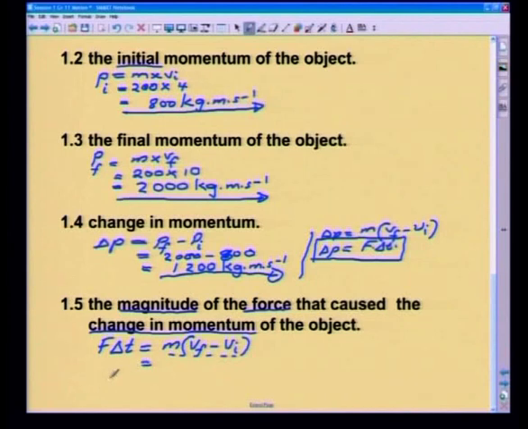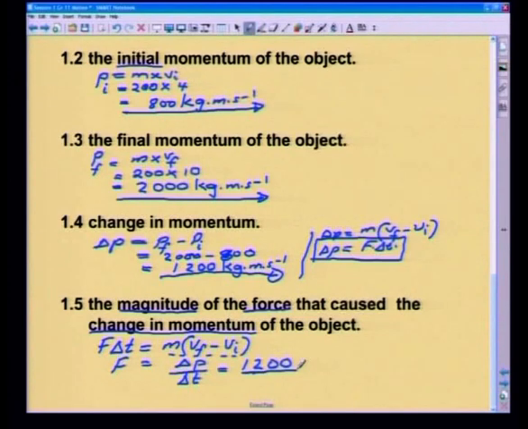If we were to get the force, we can say that F is equal to change in momentum divided by the change in time. Now, what is the change in momentum? 1,200 kilograms meters per second divided by time.